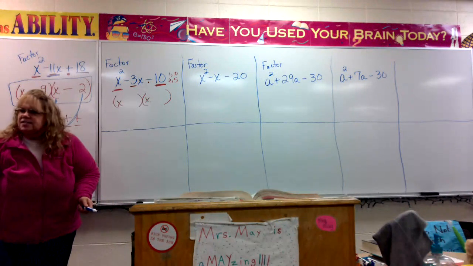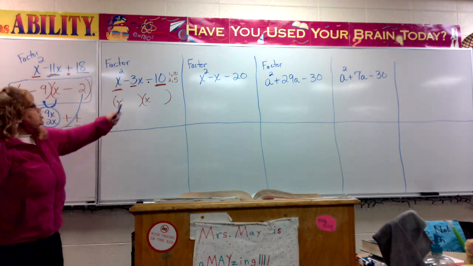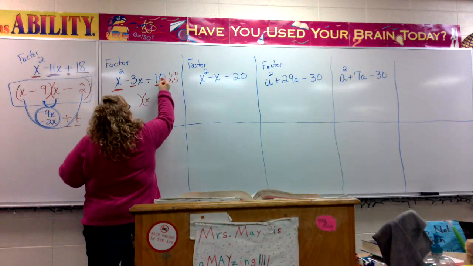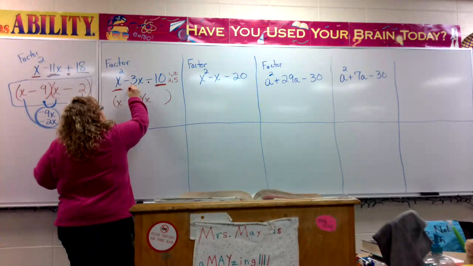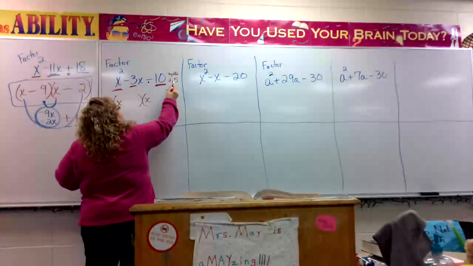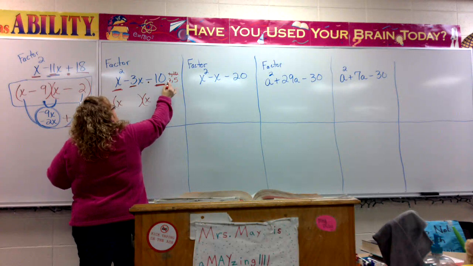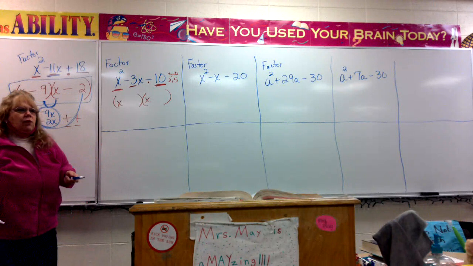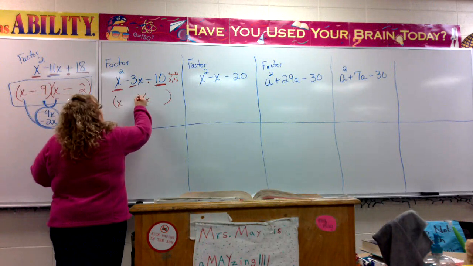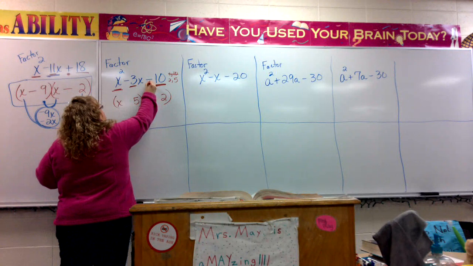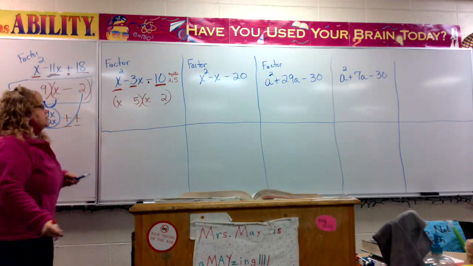Instead of adding to that middle number, now these two factor pairs have to subtract. If I do 10 take away 1, would that give me a 3? No. So I know it's not 10 and 1. If I do 5 take away 2, could I get a 3? Yes, right? So I know the factor pair has to be 5 and 2. They have to subtract to that number now.